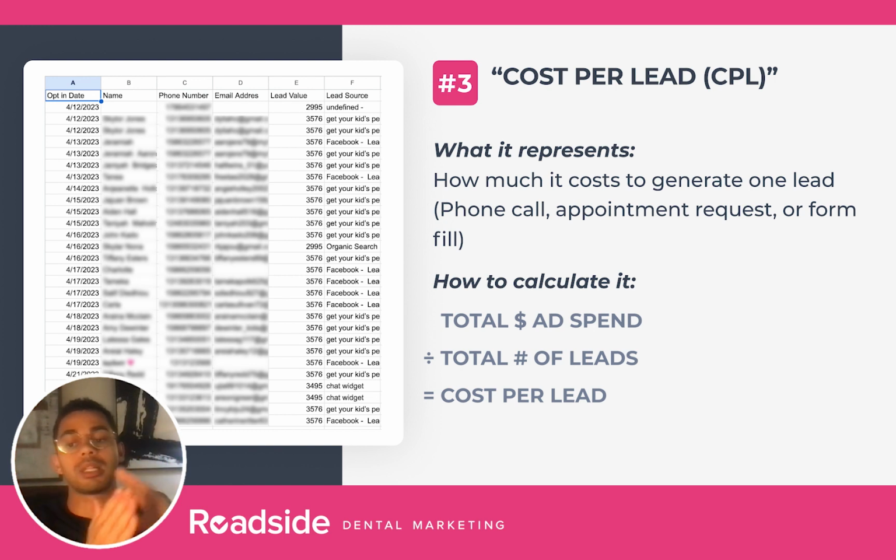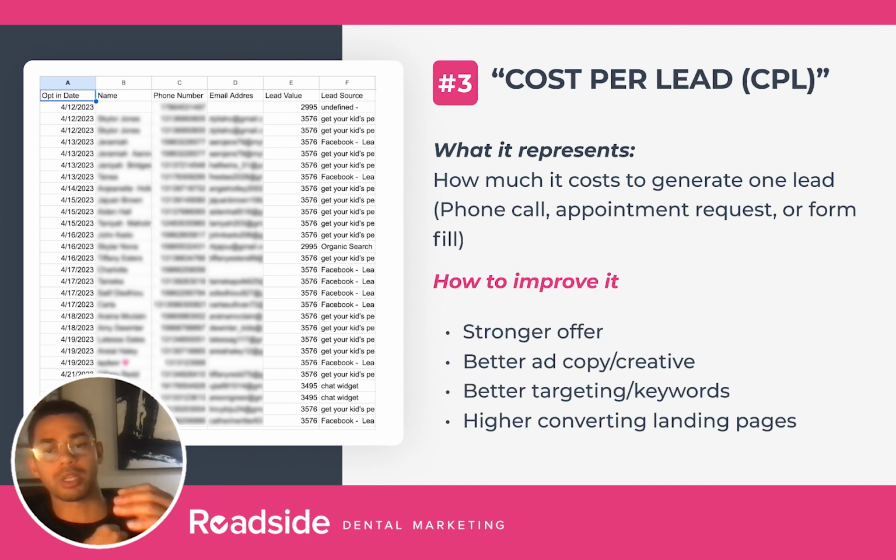Because again, there can be a lot of metrics you're looking at: your cost per click, how many impressions, your click-through rate. But ultimately, you can see how all of that's doing just by looking at this one metric. How much does it cost you to generate a lead? Because you could be getting as many clicks as you want, but if they're not turning into leads, they're no good, right?